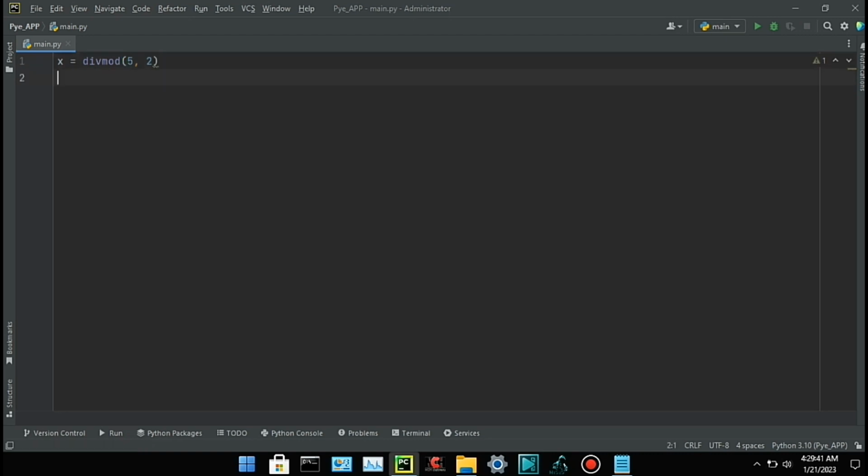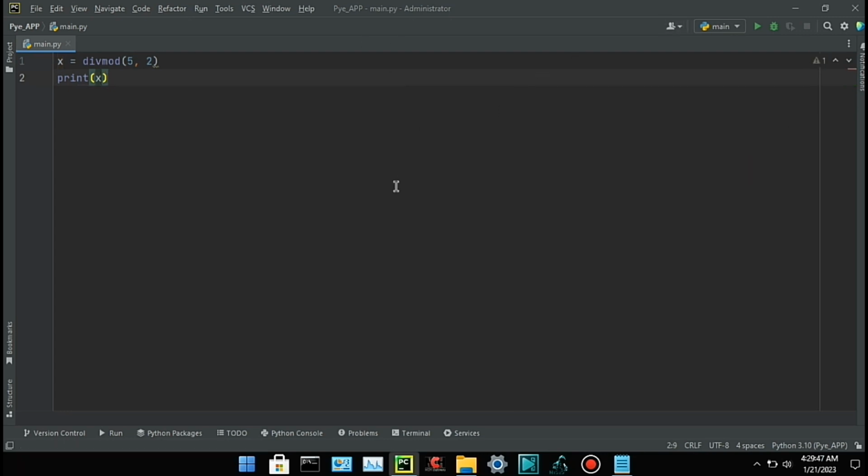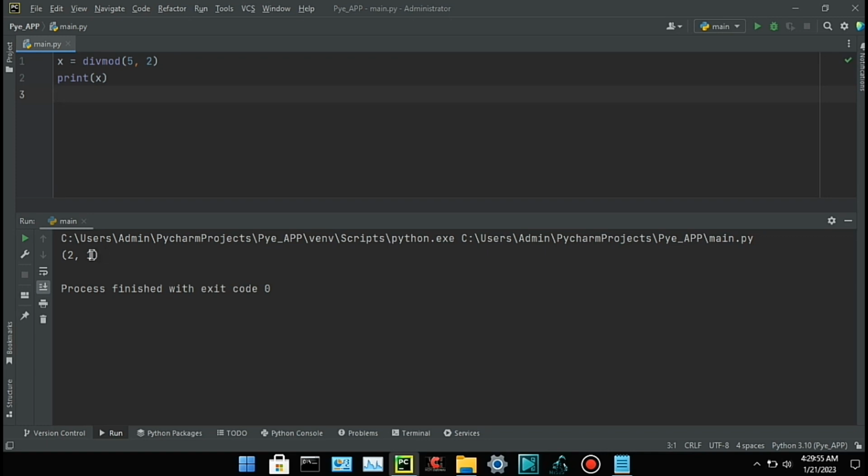So let's print out x and see. When you run the code, you see that it gives us the quotient and the remainder: the quotient of 5 and 2 is 2, and the remainder of 5 divided by 2 is 1. And so that's how Python number methods work.